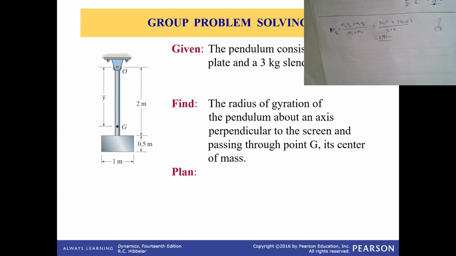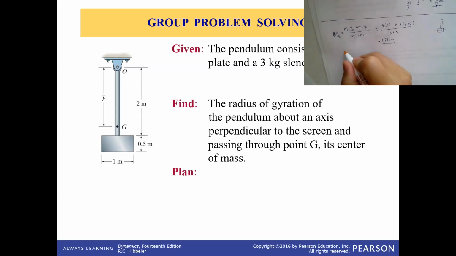So now you are going to calculate the moment of inertia for each of the two parts with respect to this new axis going through point G. So you're going to do I about point G for the rod. You can also use the parallel axis theorem.